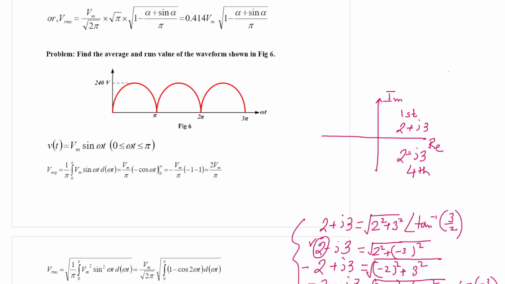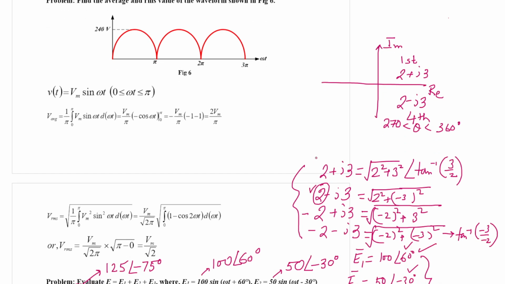So its evaluated theta should lie between 270 and 360, or in some other way it can be from 0 to minus 90. Sorry, it should be greater than.